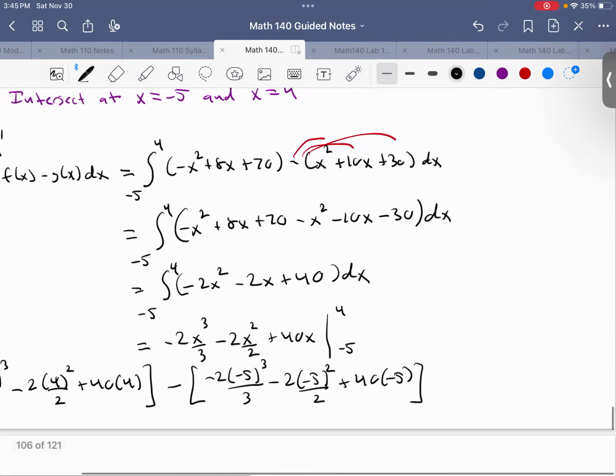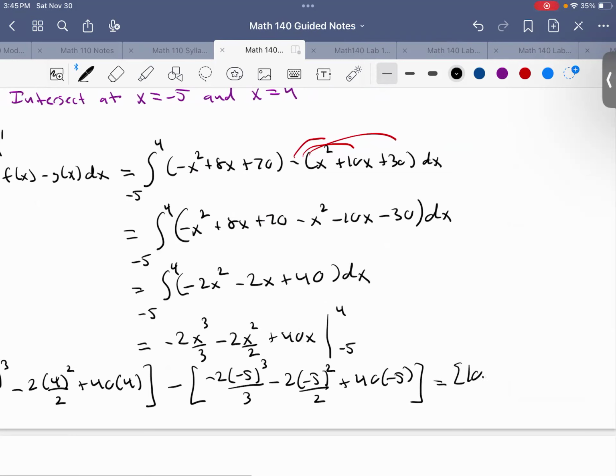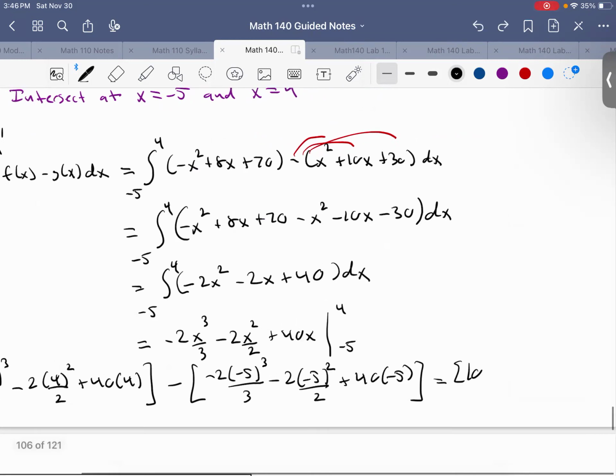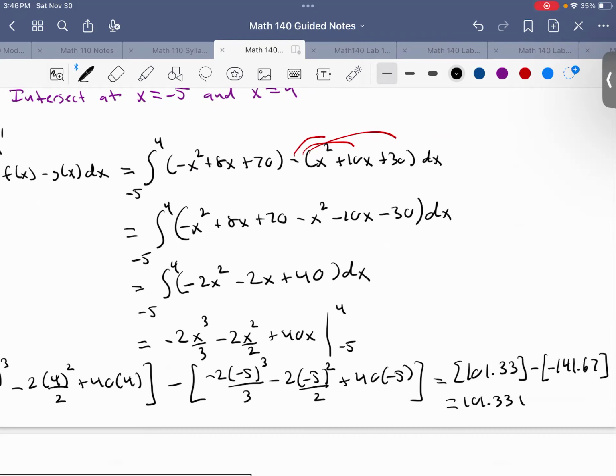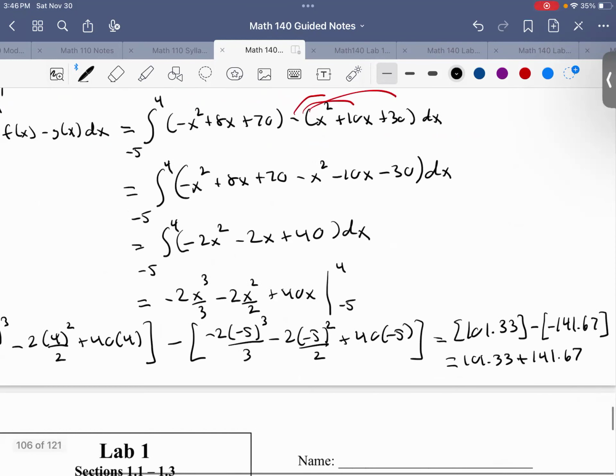What we end up with is 101.33 minus negative 141.67. Two negatives make a positive, so 101.33 plus 141.67, and our final answer would be 243.